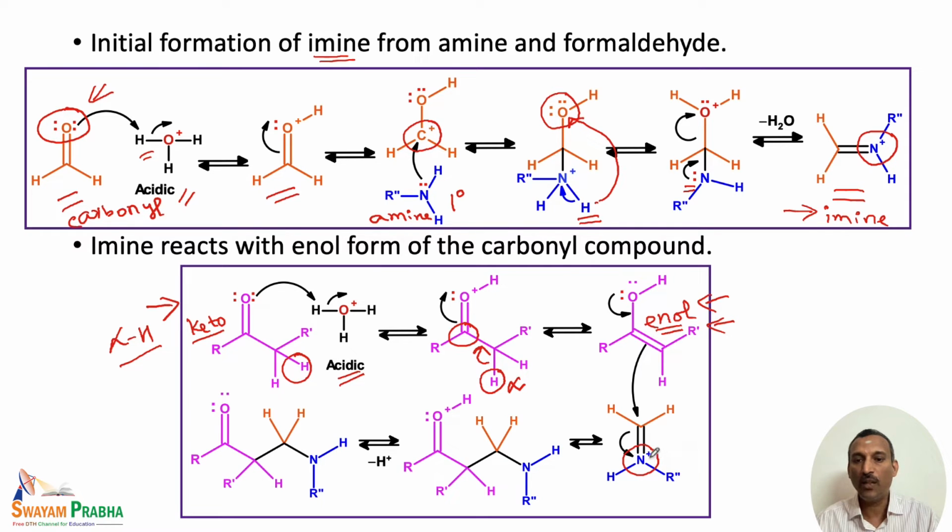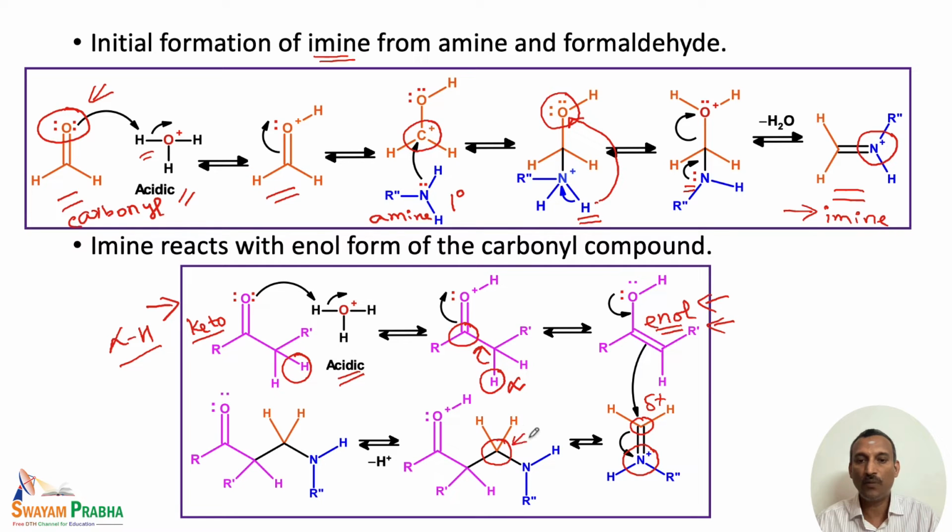In the iminium the nitrogen is electronegative and has a positive charge, so it pulls the bonded electrons towards itself, which makes this particular carbon electrophilic in nature. There is a delta plus charge on this carbon, and we have an electron-rich pi bond here. So this pi bond now attacks this electrophilic carbon, and that particular bond is formed.